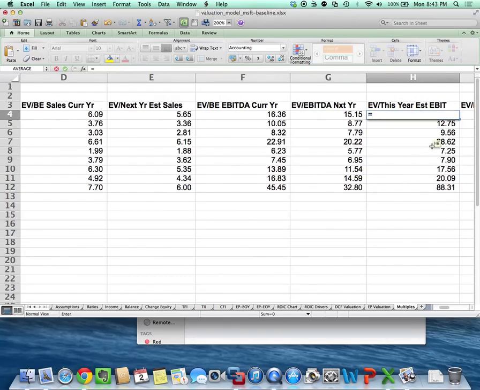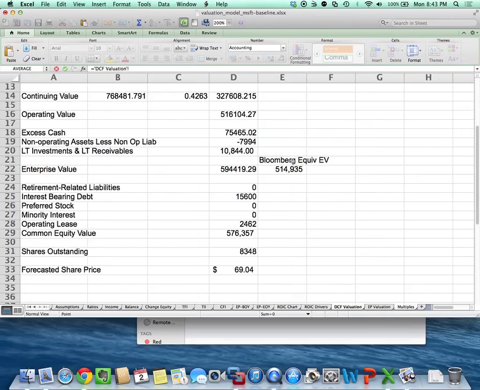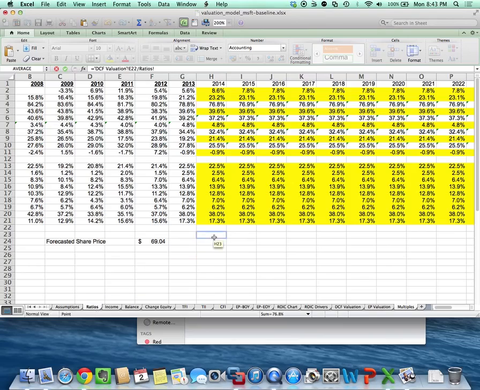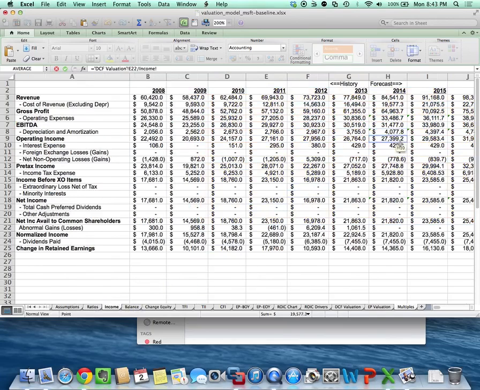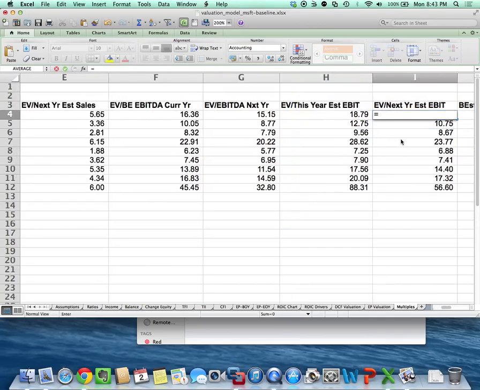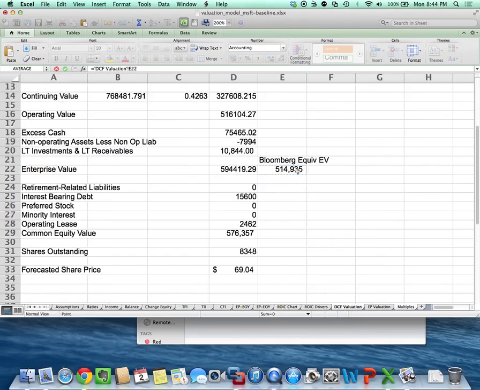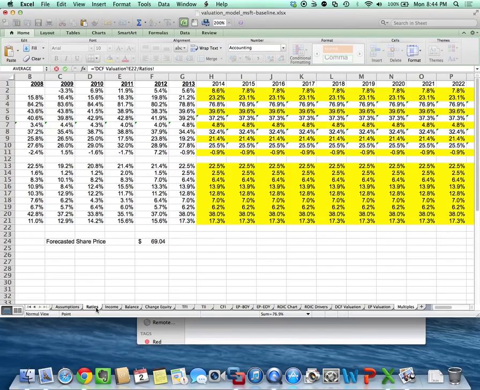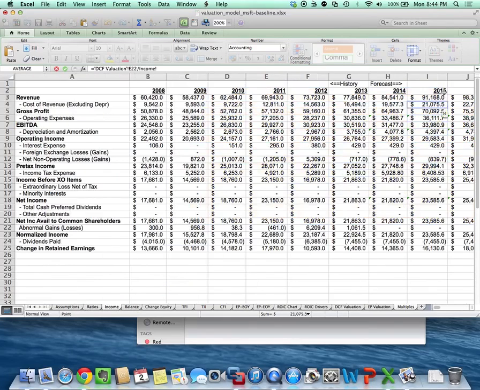Same thing, enterprise value to EBIT: 2014 operating income equals enterprise value to 2015 operating income.